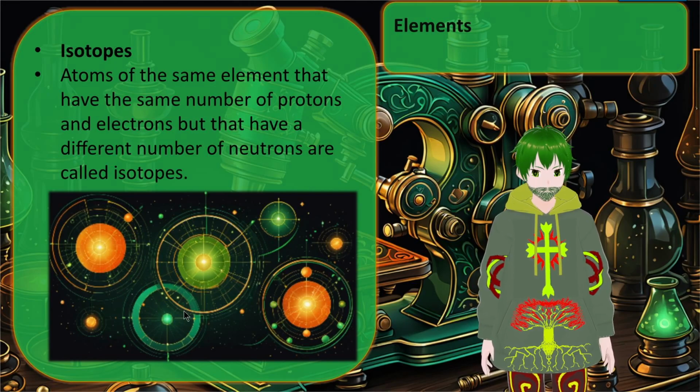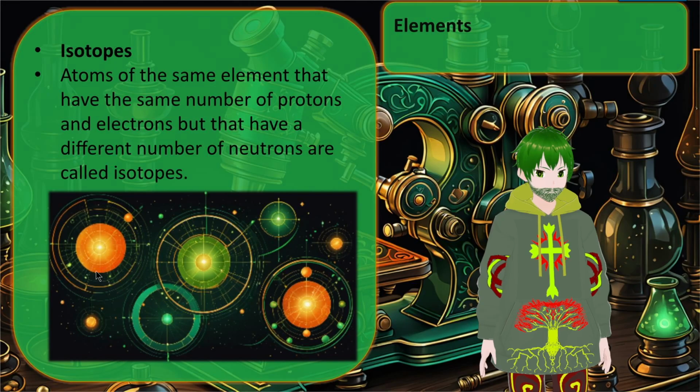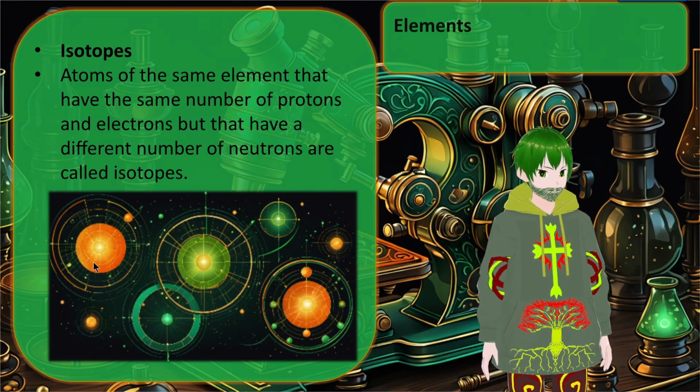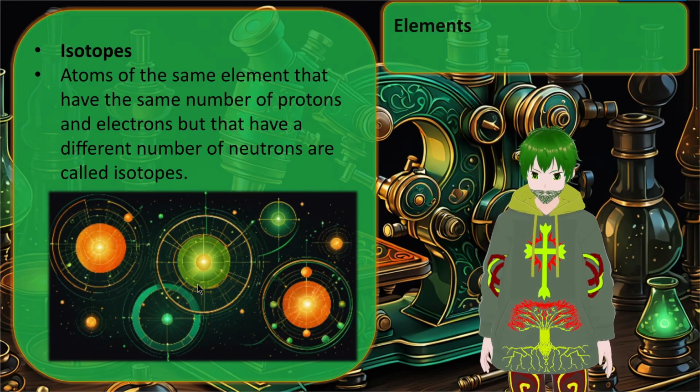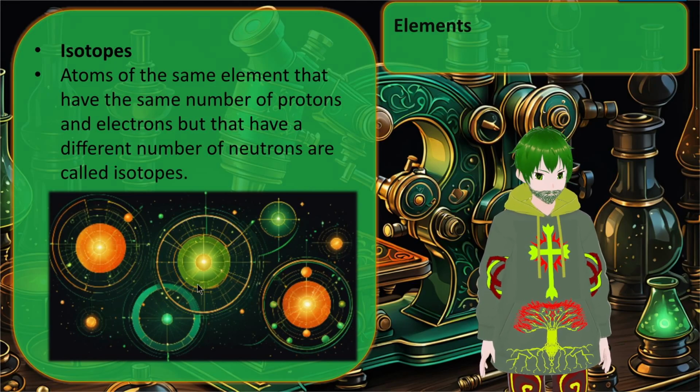Okay, well, in nature, you might have helium with just 2 protons, helium with 1 neutron and 2 protons, helium with 2 neutrons and 2 protons, or helium with maybe 4 neutrons and 2 protons. Each one of those with a different number of neutrons is called an isotope.